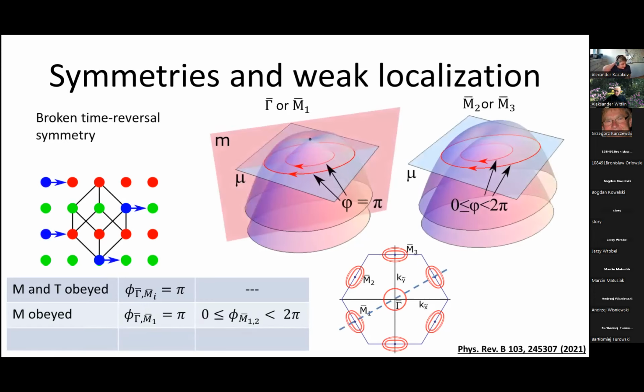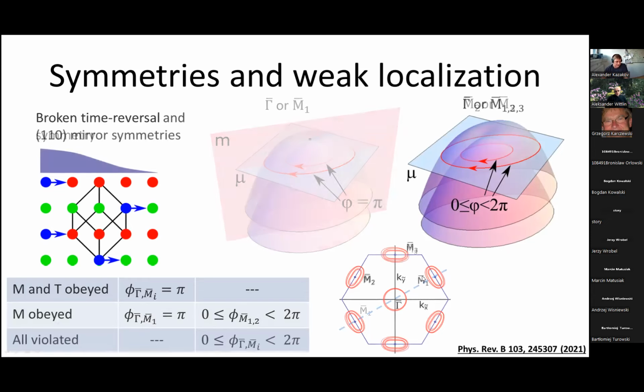However, if we break time reversal symmetry, the Berry phase is not quantized everywhere. Somewhere it's randomized, but mirror symmetry is still responsible for the quantization of the Berry phase for high symmetry points lying on the mirror plane. So to zero the Berry phase, one needs to violate both time reversal and mirror symmetries.